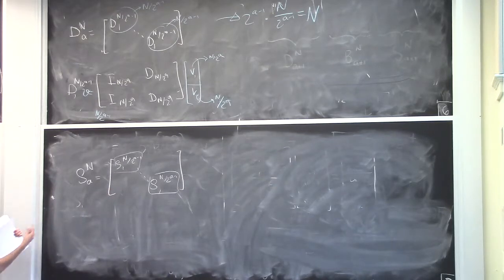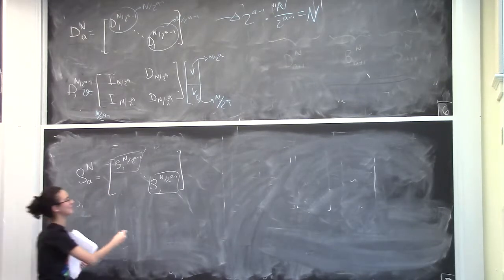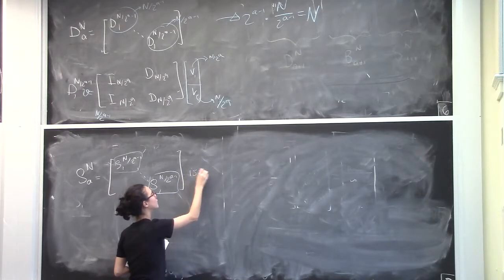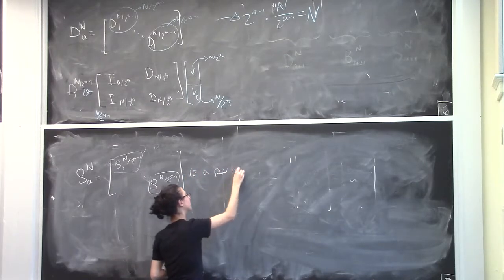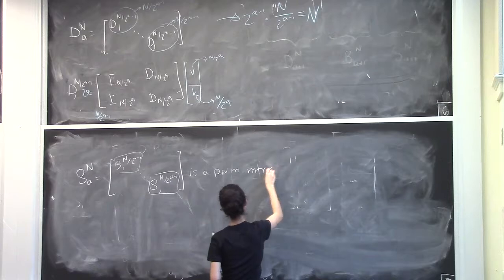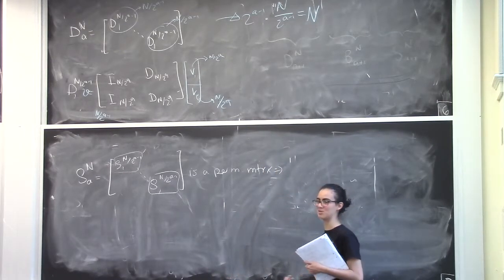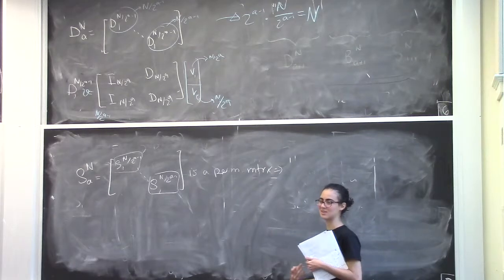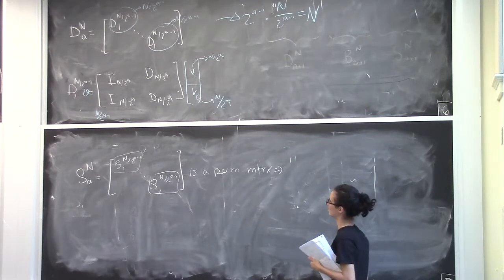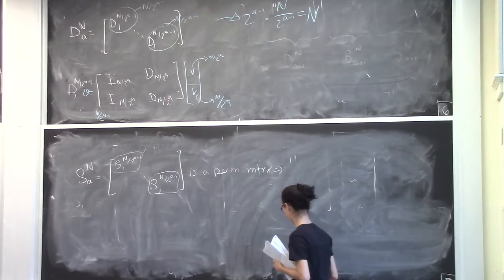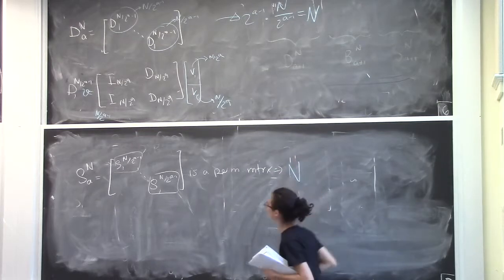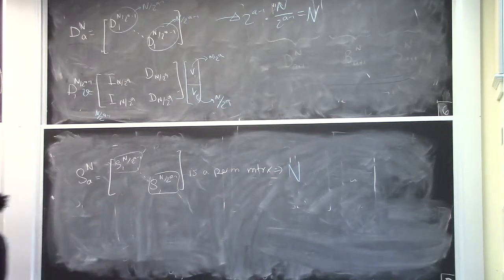So S_n is itself a permutation matrix. So how many operations do you think you have to do in order to multiply times this matrix? Just n, right? So this adds just n log n to our count.